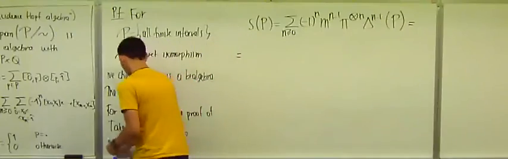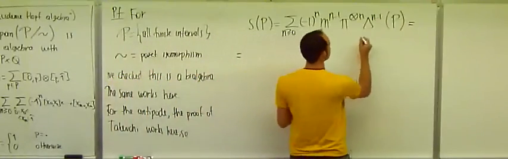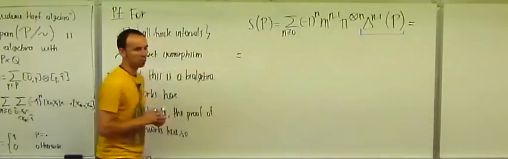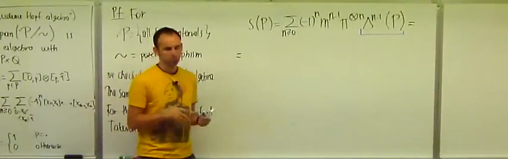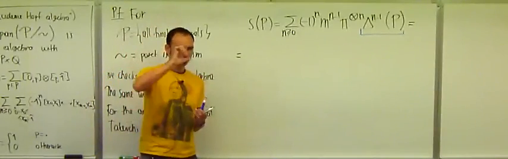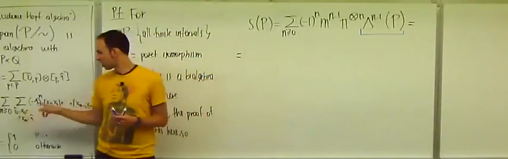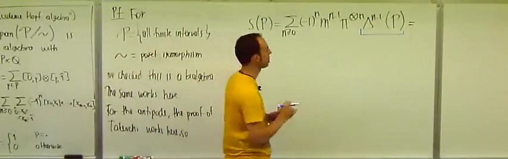So let me do this in 3 steps. So first of all, what is delta to the n minus 1 of p? Well, we talked about how you're just taking p and making it jump from x0 to x1 to x2 up to xn. Okay?